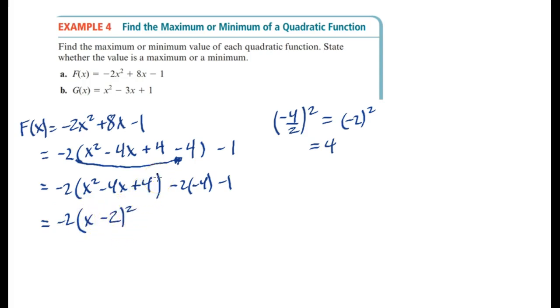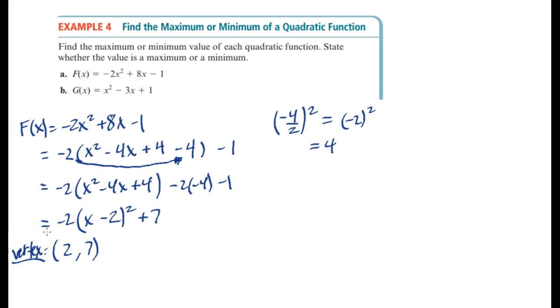And then we would be left with plus 8, and 8 minus 1 is plus 7. Okay, so we can determine the h, k. The h is 2, because it's the opposite of this, since it's minus h, and k is 7. So that's our vertex. Our vertex is (2, 7).